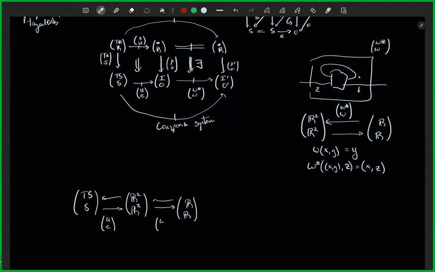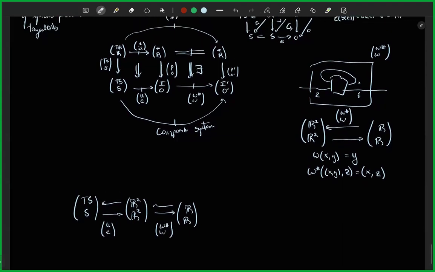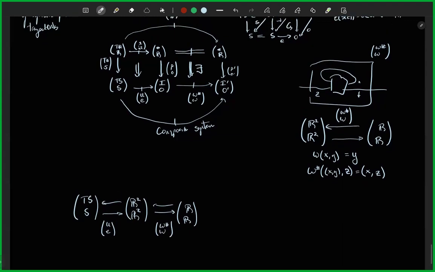Before I write this system down, let me ask, what does it mean to have a square of this form?